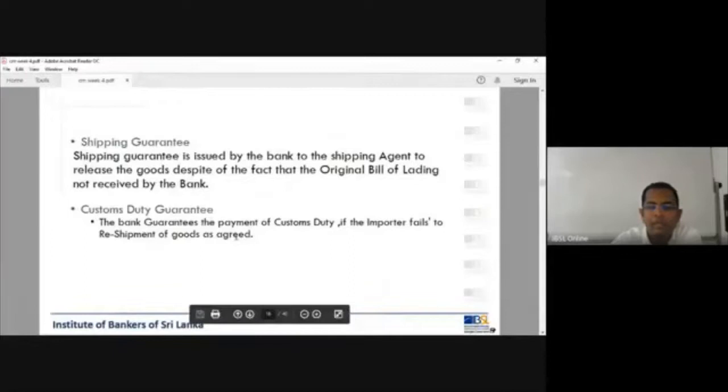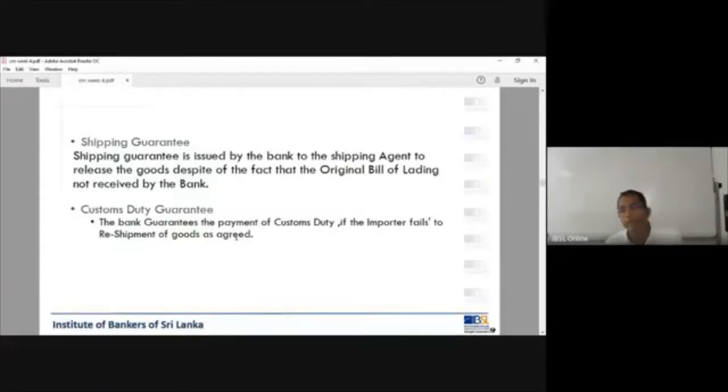Custom duty guarantee, right? We bring down goods to re-export. We bring the goods, do some value addition and re-export, right? Whenever we bring goods into the country, there has to be a custom duty. If no custom duty, that's fine, else we have custom duty.